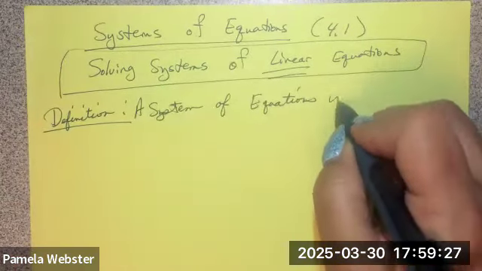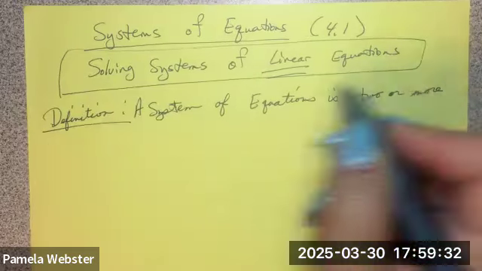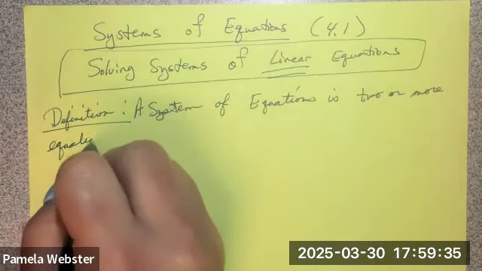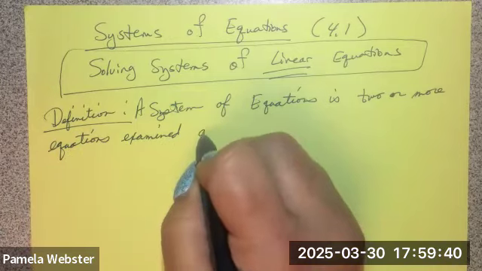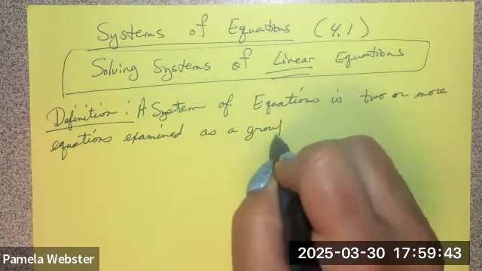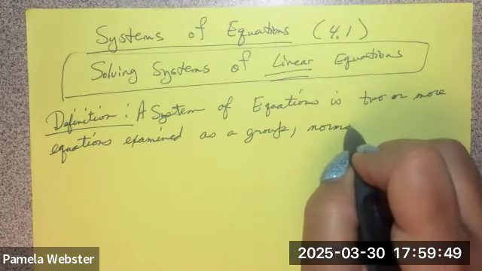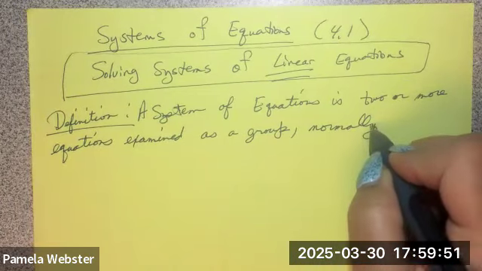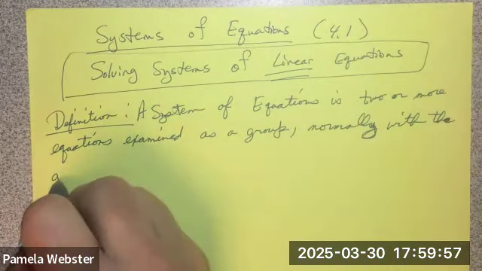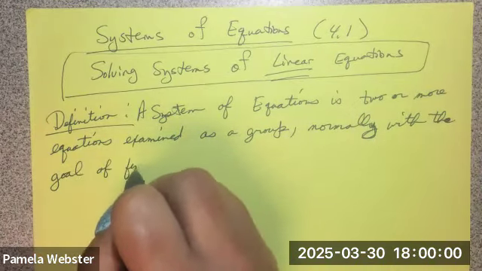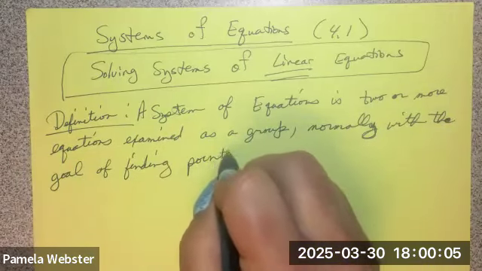A system of linear equations is two or more equations examined as a group, normally with the goal of finding points they have in common.